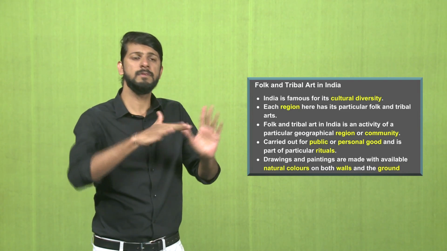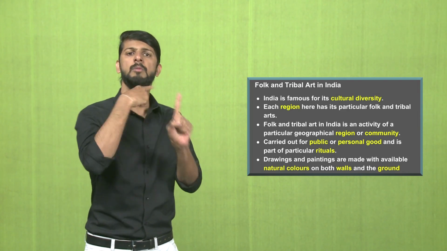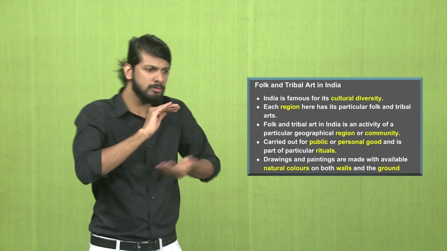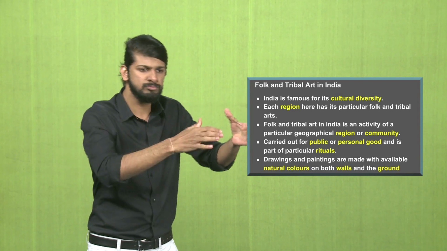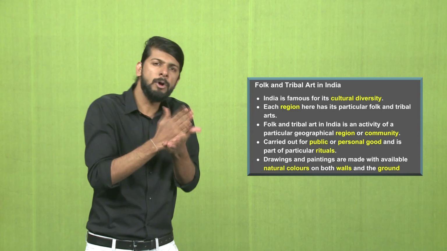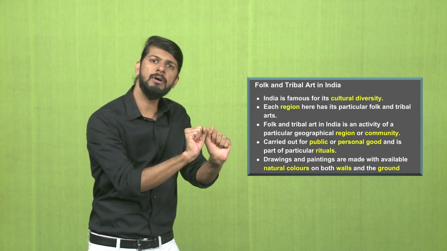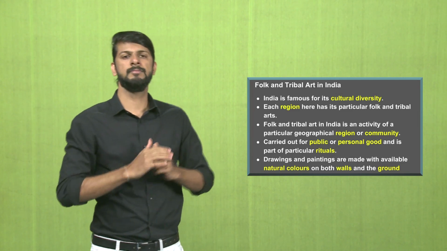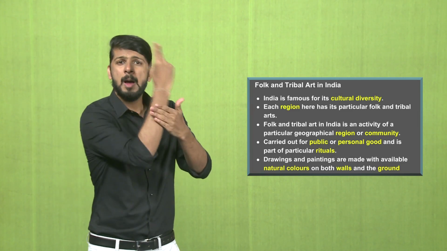These artworks are carried out specifically during particular rituals. For example, if there is a good harvest or a good crop, or a family is going to have a baby soon, and these are traditionally done for public or personal good.